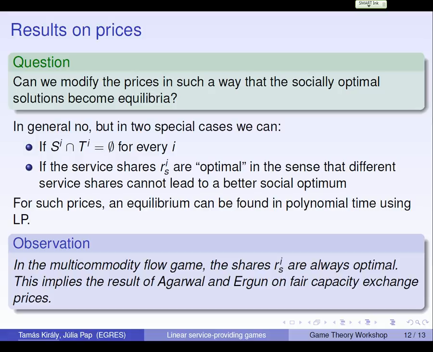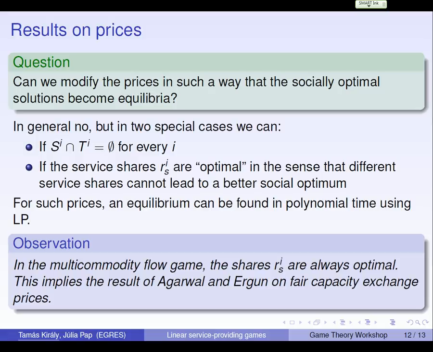So somehow for a given service, the amount that the players have to provide of that service, or the ratio is optimal, then you can set the prices in such a way that social optimal solutions are equilibria. And in that case, even coalitions cannot get a better solution. So it's also stable for coalitions, not just individuals.